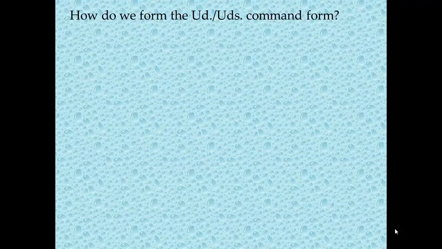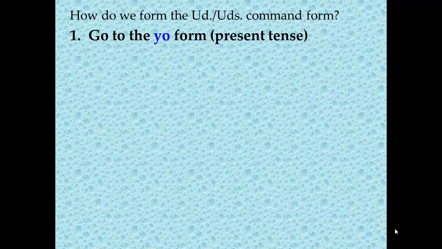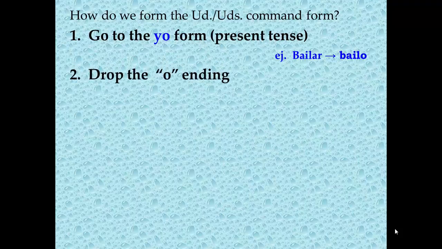Okay, so let's figure out how we form these commands. It's really quite basic. We're going to start off with going to the yo form in the present tense. For example, if we take the verb bailar, the yo form would be bailo. Then we're going to drop the o at the end, so that takes bailo to bail.